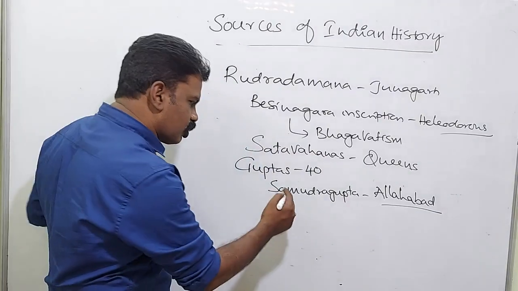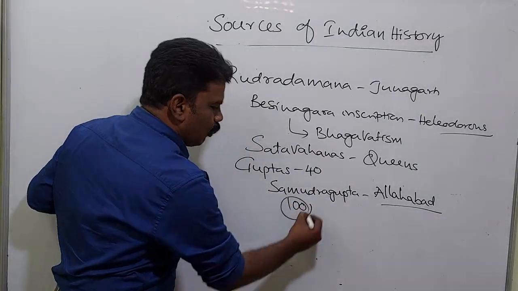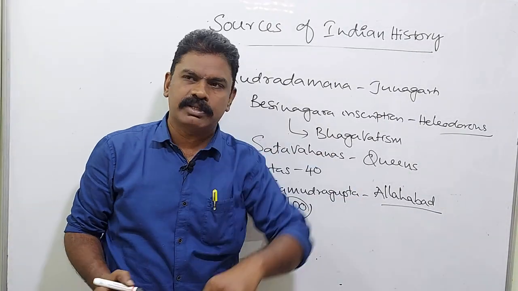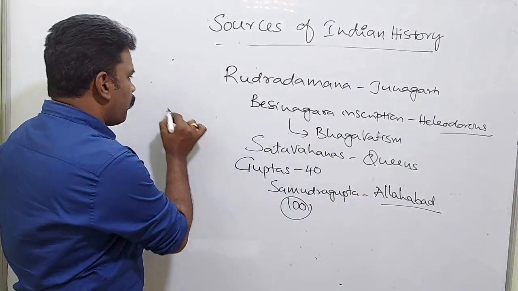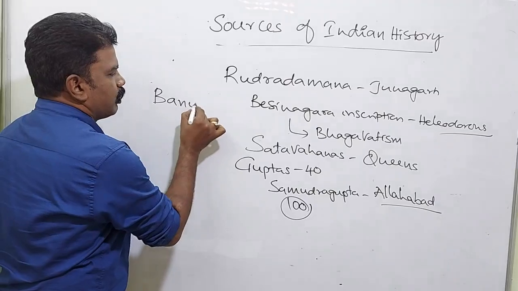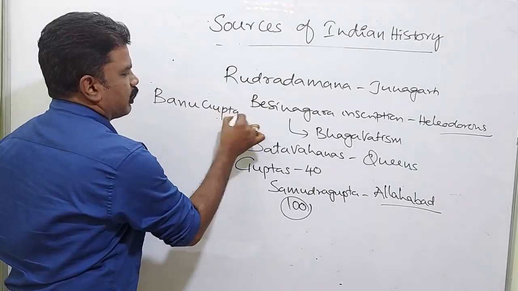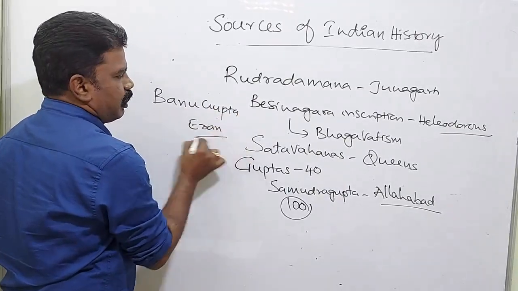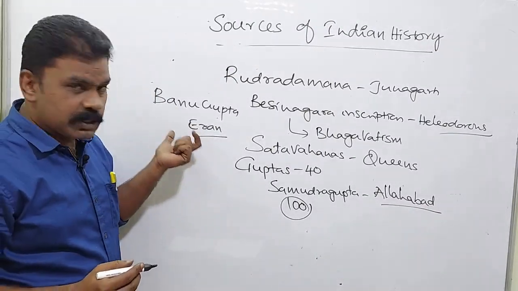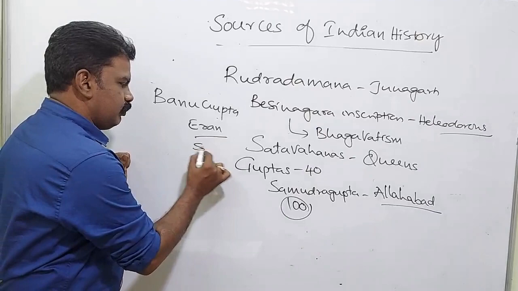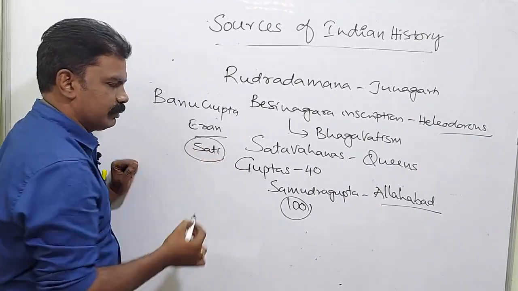Samudragupta defeated 100 kings, and we know about them from the Allahabad inscription. Like this, Bhanugupta's Eran inscription was the first inscription to speak about Sati, which existed in the Gupta period.